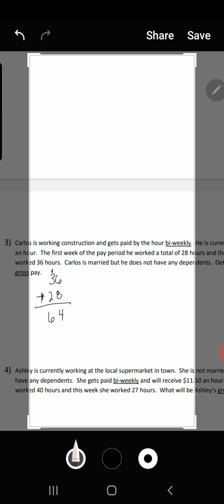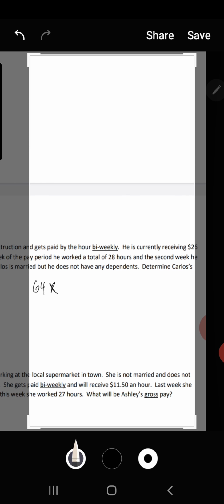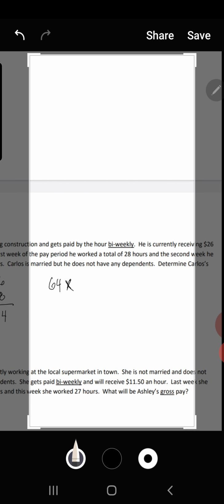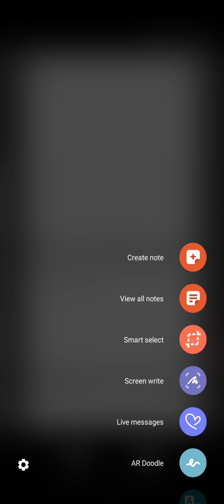So once again, we're going to take his total hours that he worked here, and we're going to multiply it by his pay rate, which is $26. Let's take that over to the calculator.